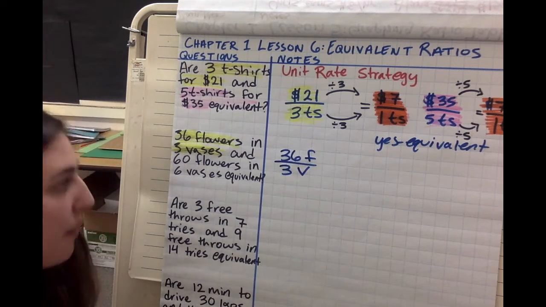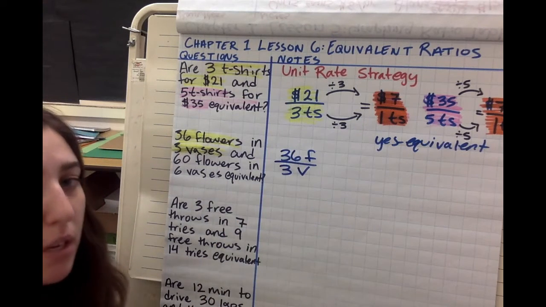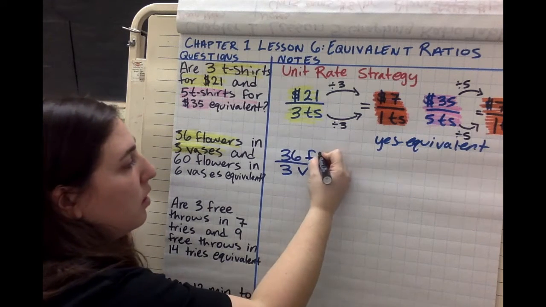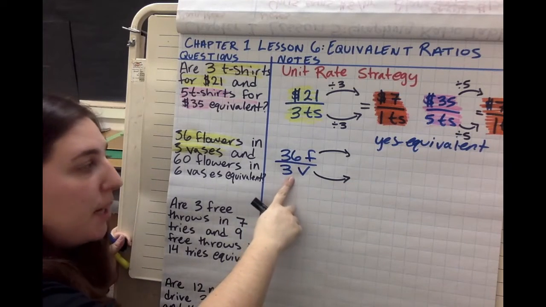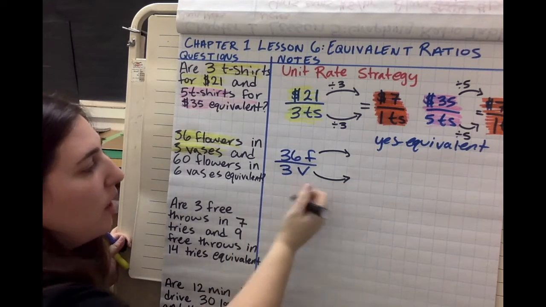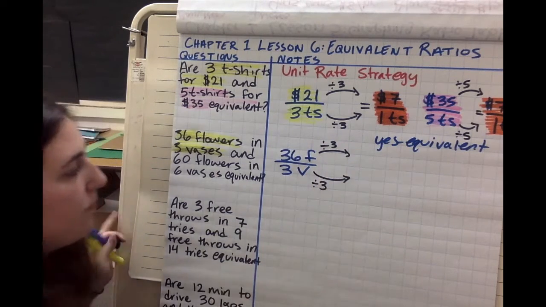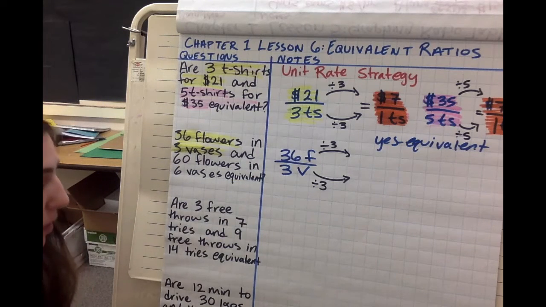And again, I want to get my unit rate. That's the strategy that I'm using. I'm changing it into my unit rate and determining if they are the same. So to get my unit rate, I need to divide by my denominator. Denominator is 3, so I'm dividing the bottom and the top by 3. 36 divided by 3 is going to be 12.